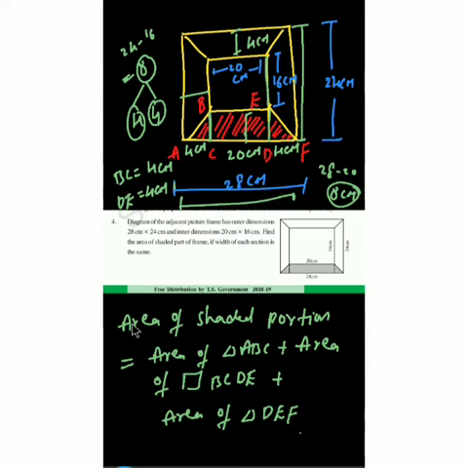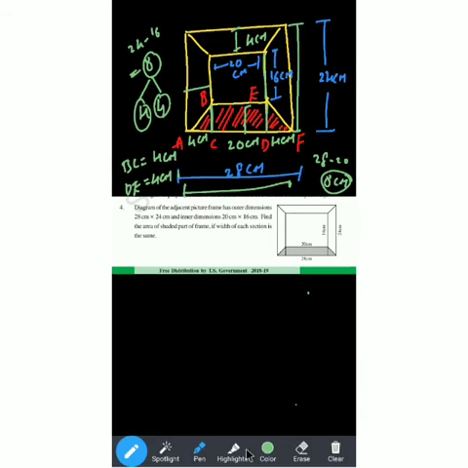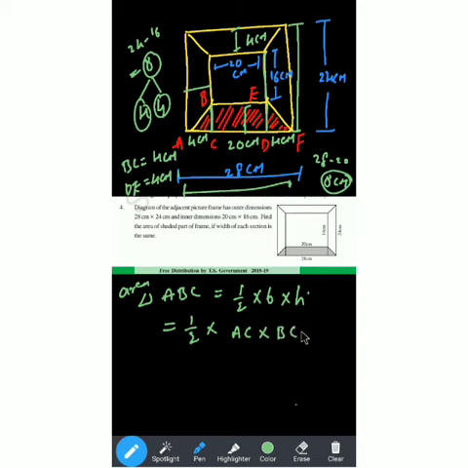So let us find the area of triangle ABC first. What is that? Half into base into height. In triangle ABC, AC is the base and BC is the height. So half into AC, that is 4 centimeter, into BC, that is also 4 centimeter.